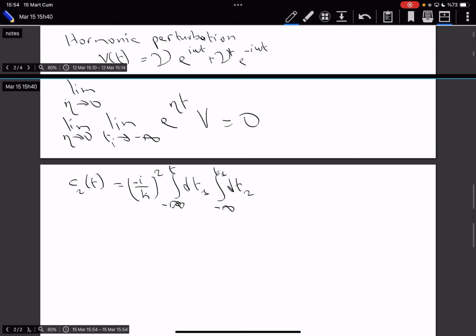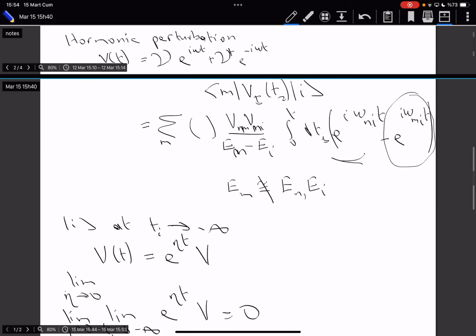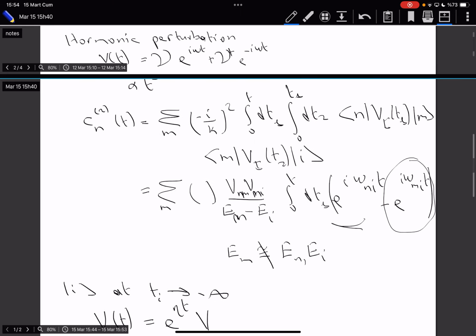Now, the way this will answer your question is, you see, this integral over there is mainly from this limit of that T2 integral. Now I'm sending that to minus infinity. So basically that term will just disappear.